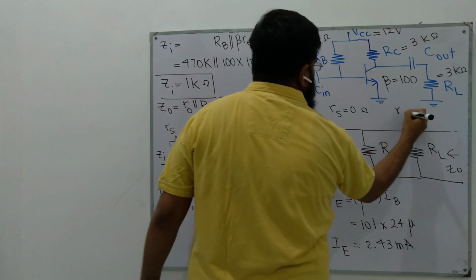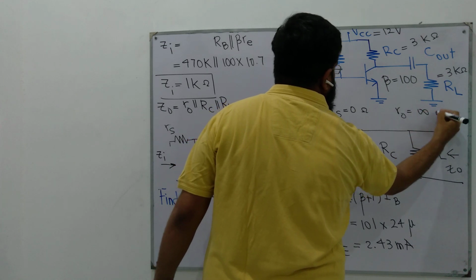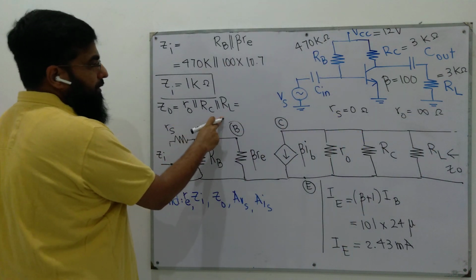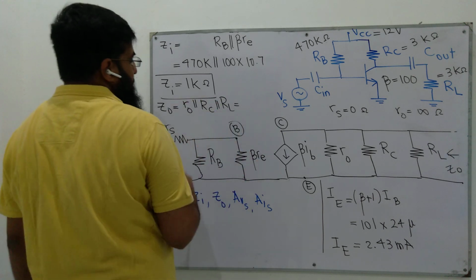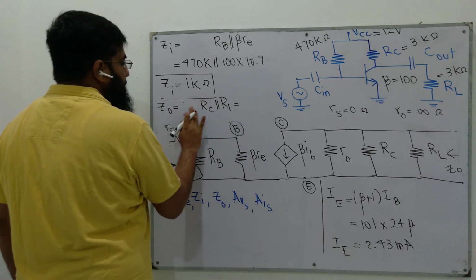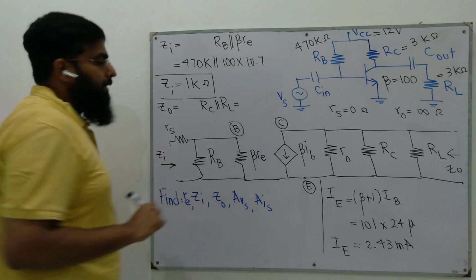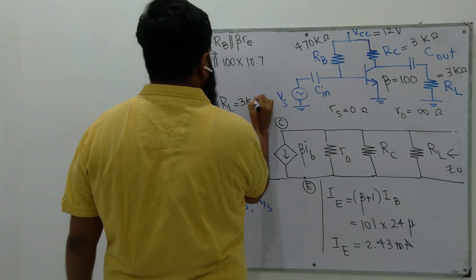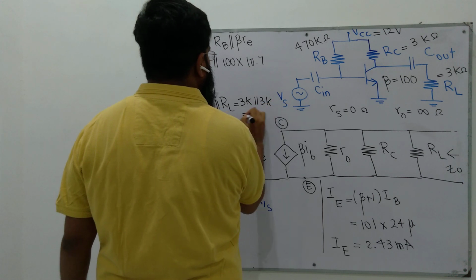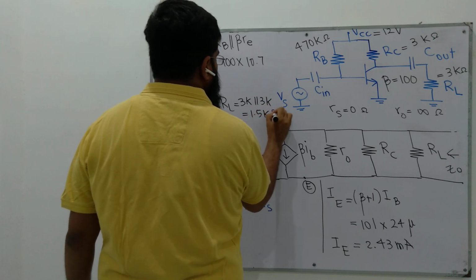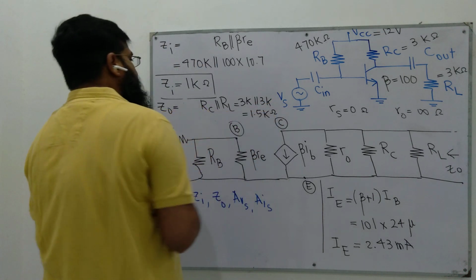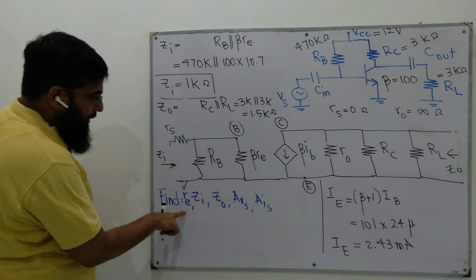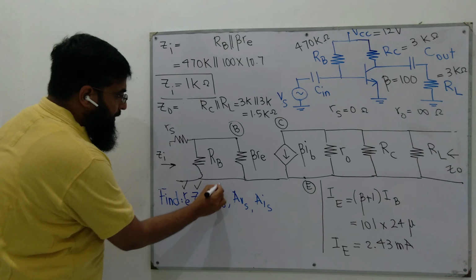Since R0 is given to be infinite ohms, very large, anything infinite in parallel with any resistor produces the same resistor. So R0 vanishes and it becomes RC in parallel with RL. So 3k in parallel with 3k turns out to be 1.5 kilo ohms. So up till now we have computed re, Zi and Zout.